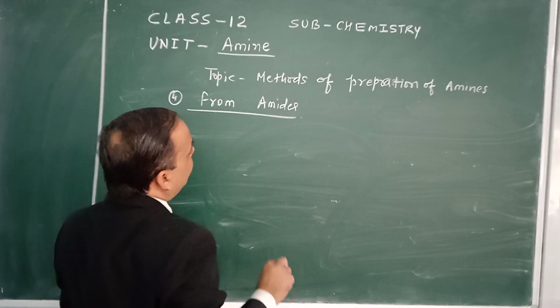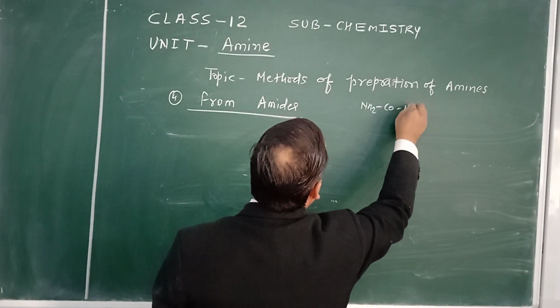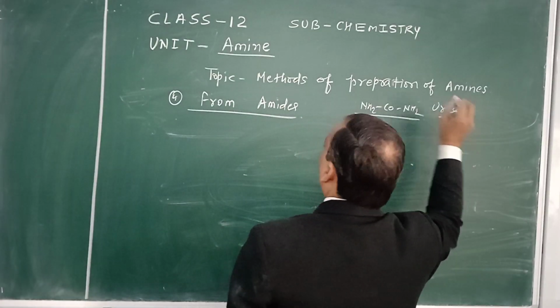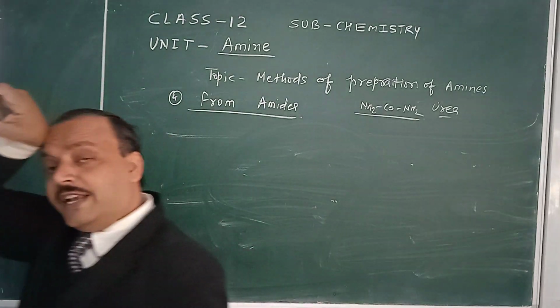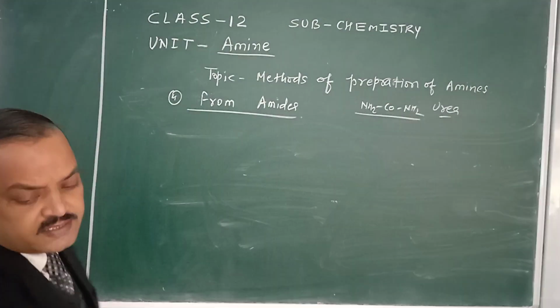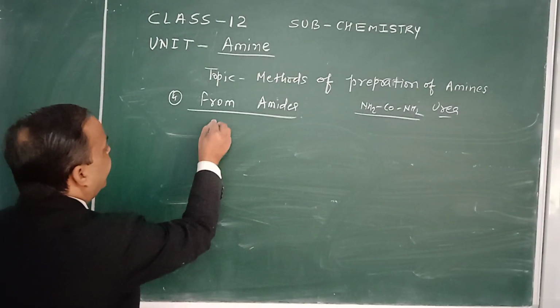The basic simple compound of amide is NH2CONH2. This is urea. Where the CONH2 group is present, that compound is considered an amide. So the first method is reduction of amide.